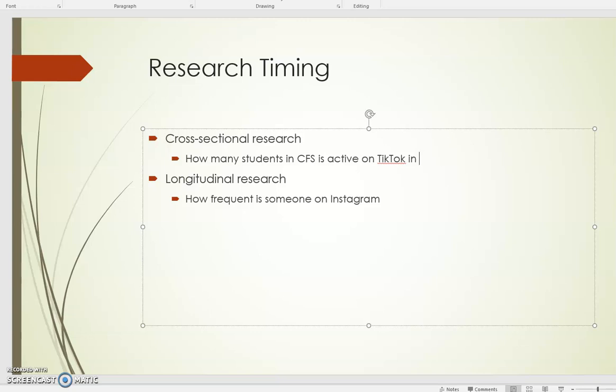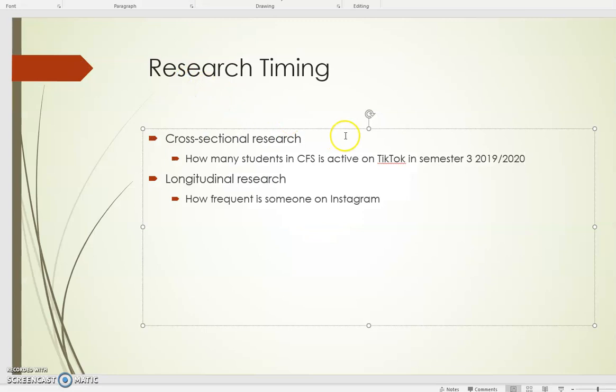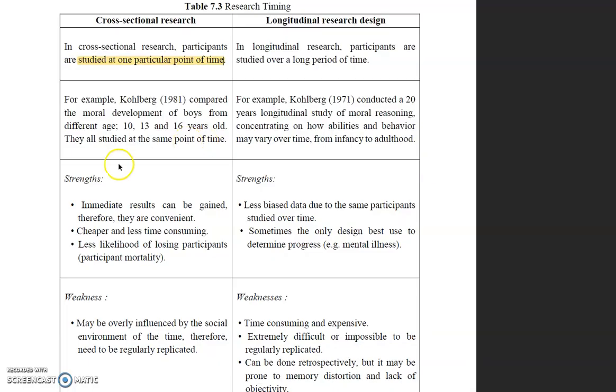To be precise, in semester 3, 2019, 2020. So we are only looking at subjects at one particular point of time, and that's it. How many students in CFS are active in using TikTok in semester 3, 2019 and 2020.